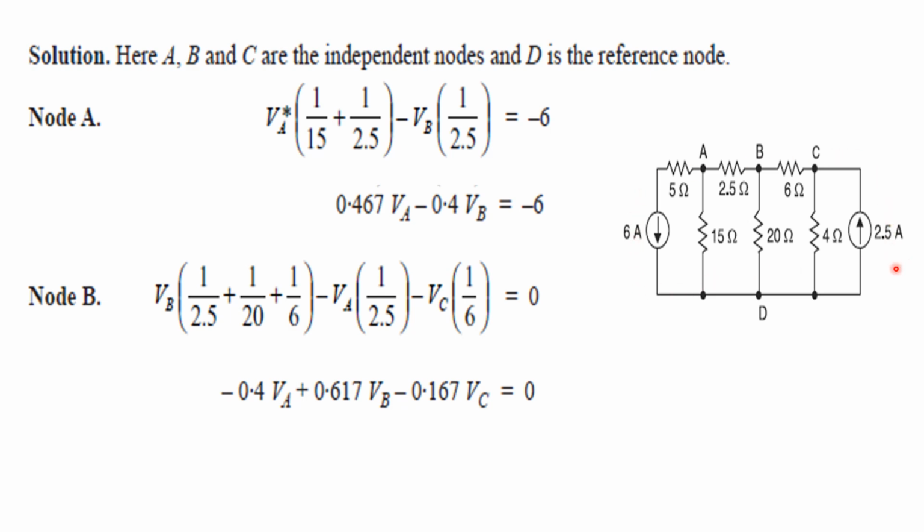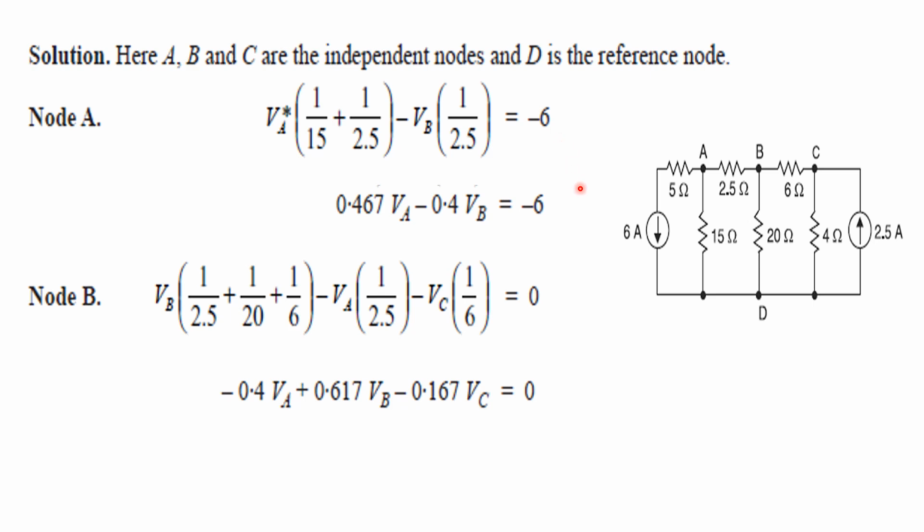So this is the diagram. I am going to write the node equations applying Kirchhoff's current law. I have taken node A. At node A, we should take care of the incoming and outgoing currents, with I equal to V by R. The leaving current is 6 amps, so I have put minus 6 here.